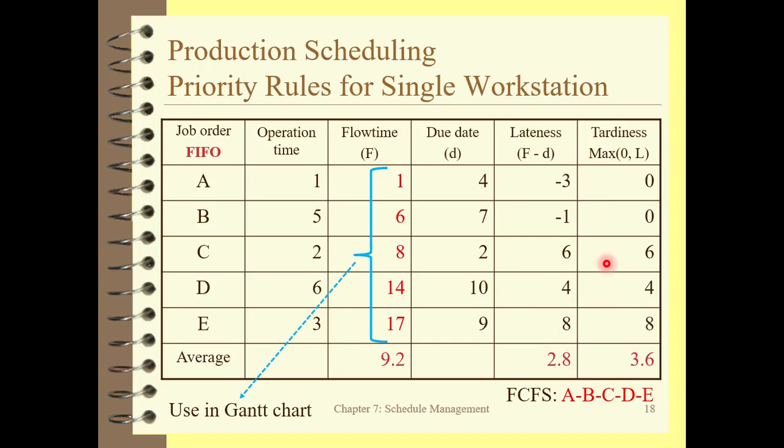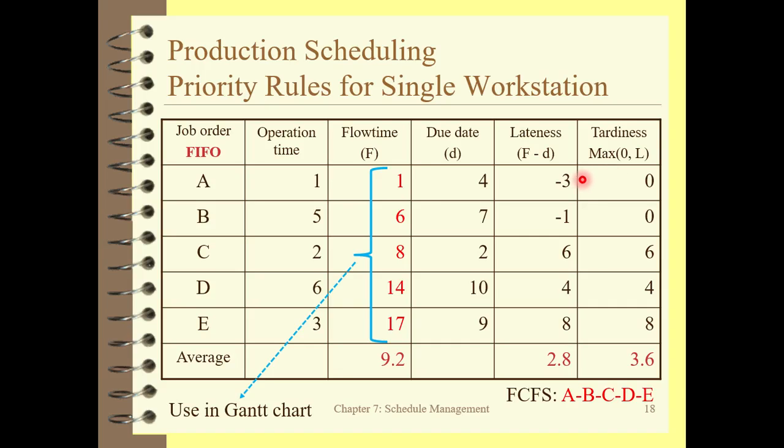Again here, if you want to calculate mean lateness, that is minus 3 minus 1 plus 6 plus 4 plus 8, divided by 5. You get 2.8. And the tardiness is the maximum of 0 and lateness.